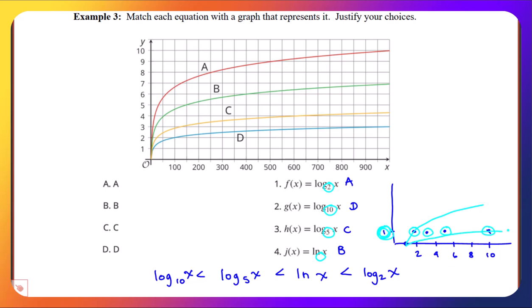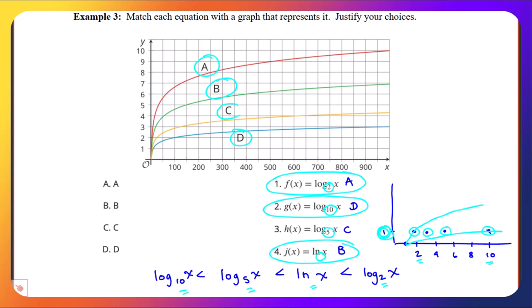So from 2 to 10, 2 is the bigger one, 10 is the smaller one, this is 2.7, this is 5, so the smaller one is the 10, the biggest one is the 2, the next biggest one is the 2.7-ish, and the third one is the 5.